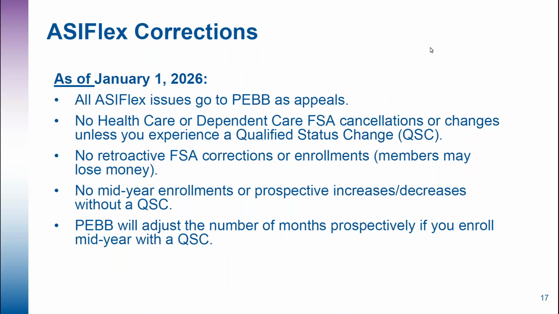So we do have some university members that only get so many paychecks per year, and that's what this bullet point is about, that we will adjust the number of months so that it's correct and it reconciles with payroll at your university. But that's really a lot of the changes that PEBB does.